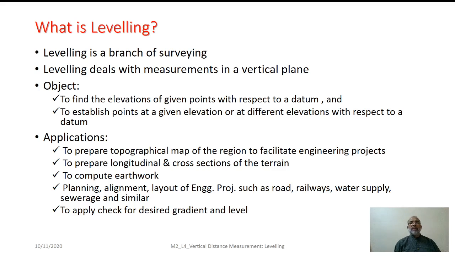Also, it can be employed to establish the gradient as well as to check the gradient and reduce level of various stations.